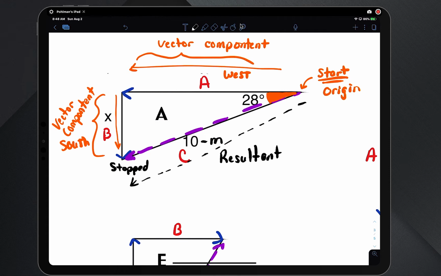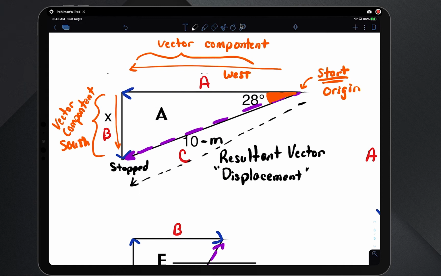Now, a resultant vector is simply the sum of the western direction and the southern direction. So we would describe this resultant vector, or in this case, since the person was walking, it'd be the person's displacement. So we could use either of those two terms to describe that dashed line right there. A resultant vector, a displacement, will always have magnitude and direction.